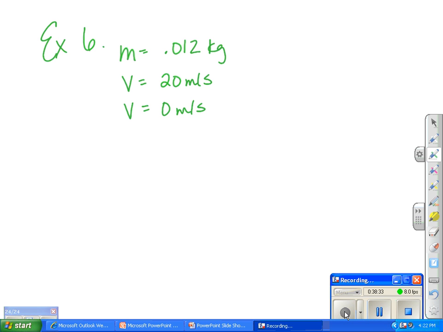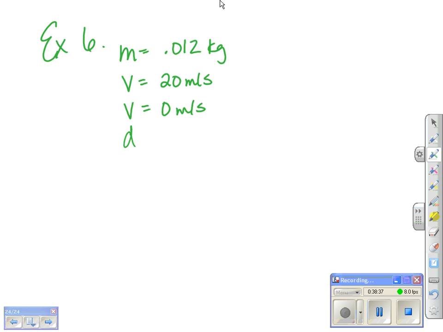We also know distance is 0.2 centimeters. Key here: we are not allowed to use centimeters, so we have to convert. We divide by 100 to get it into meters, and that gives us 0.002 meters. Make sure you remember that.